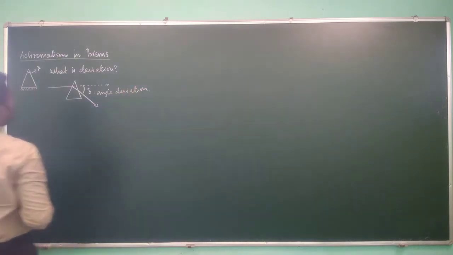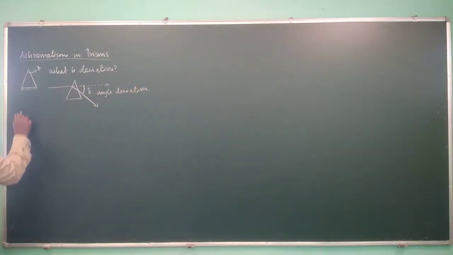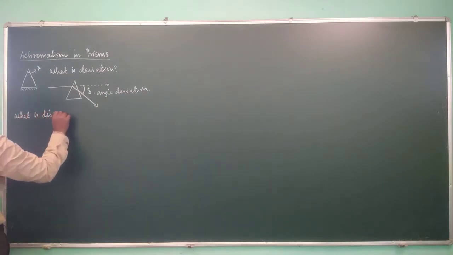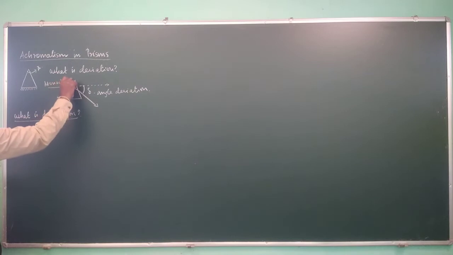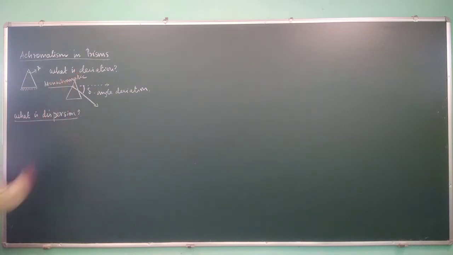So this is deviation. What is dispersion? This is monochromatic light, that is, a single color. Suppose we pass white light, which consists of multiple colors, into a prism.